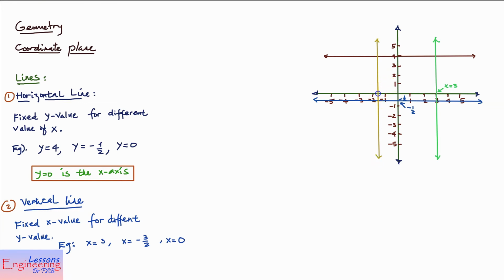That point there is x equals -3/2. In the same way, on this line the value of y is varying, but the value of x is always -3/2.